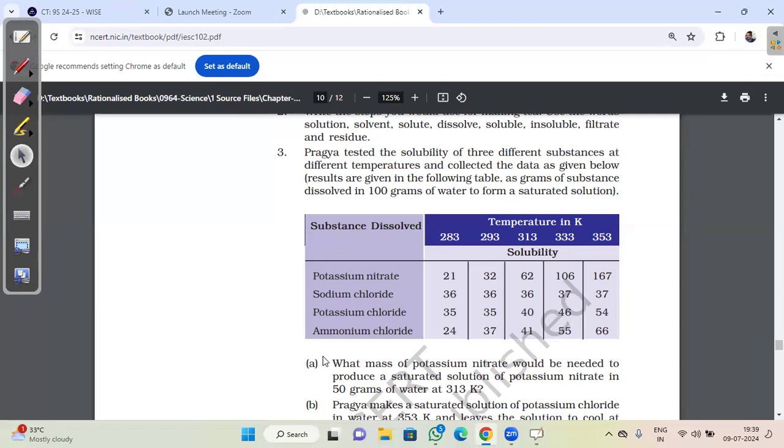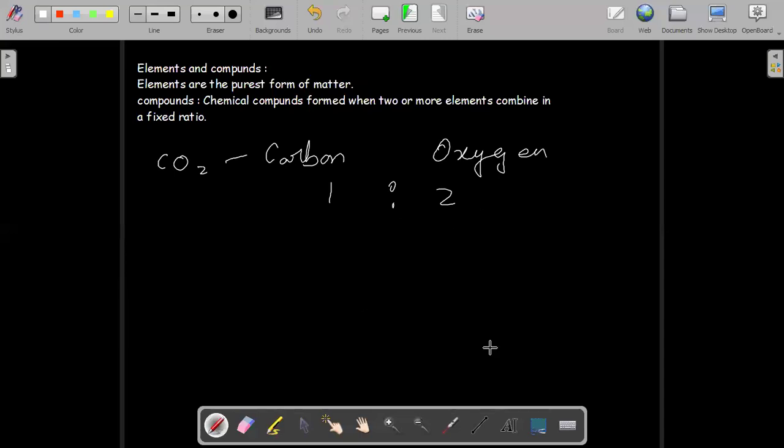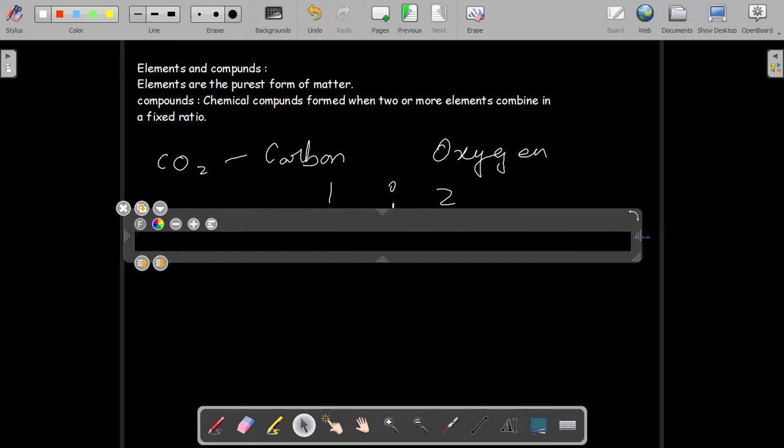So, this topic is concentration of a solution, or we also call it solubility. Solubility is another topic. What do you mean by solubility of a substance?